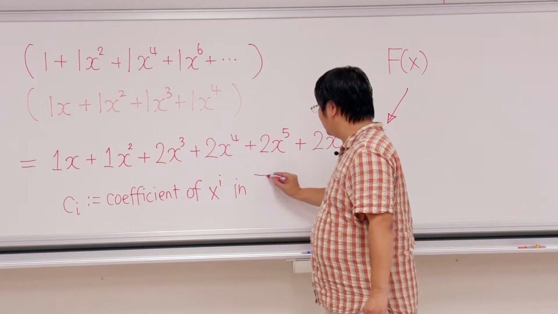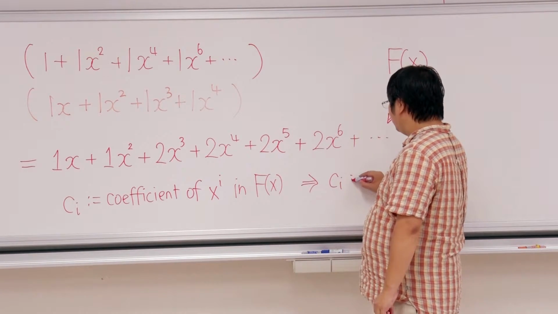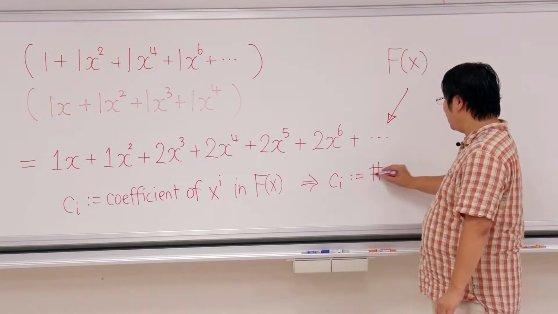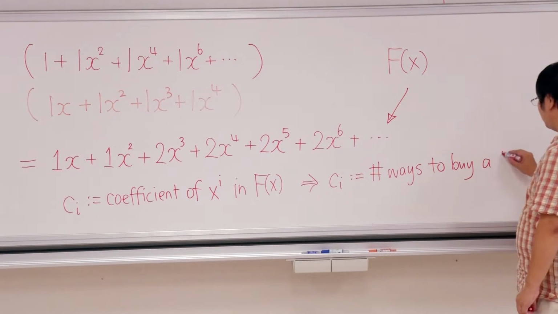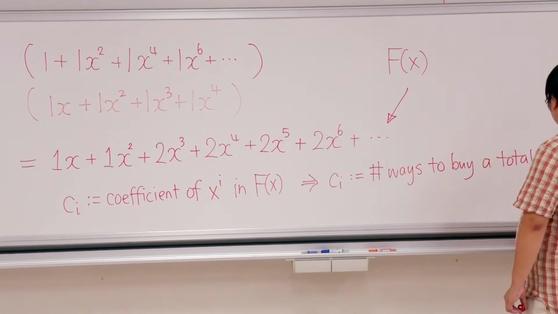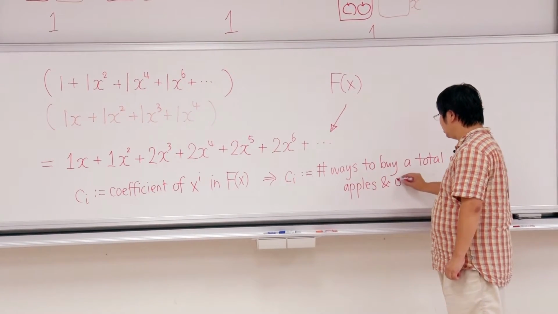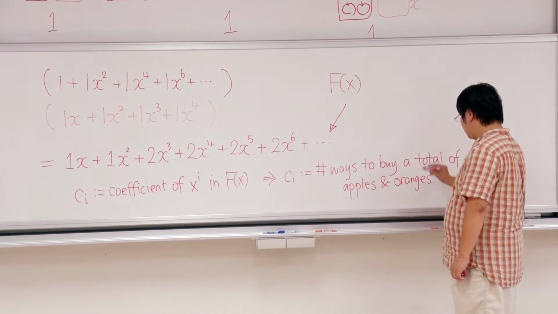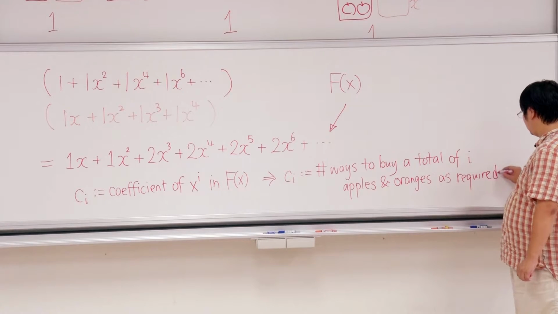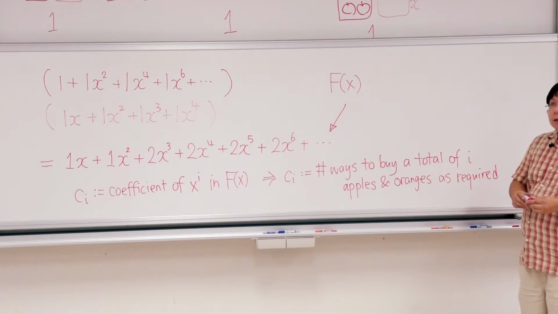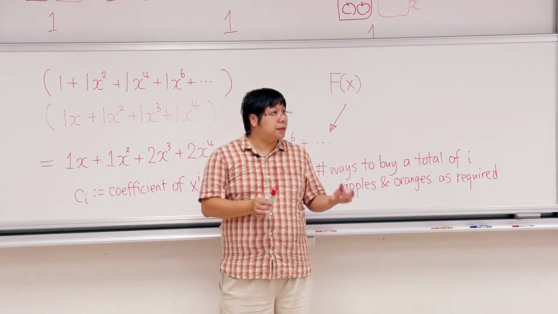In f(x), c_i will be equal to the number of ways to buy a total of i apples and oranges as we required. Is that okay?